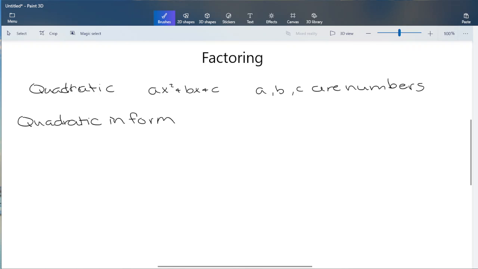Okay, now this means that they're not exactly the ax squared plus bx plus c form, but they follow that same pattern. Okay, so let's go ahead and look at some examples of things that are quadratic in form, and we'll look at the technique that we can use to really see them as quadratics that allows us to factor.